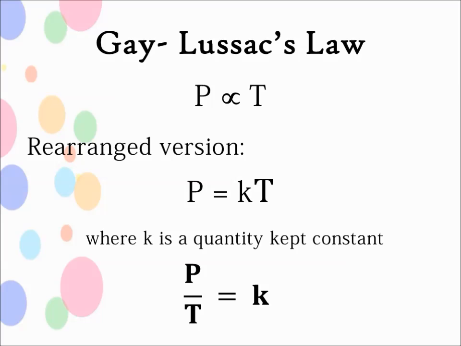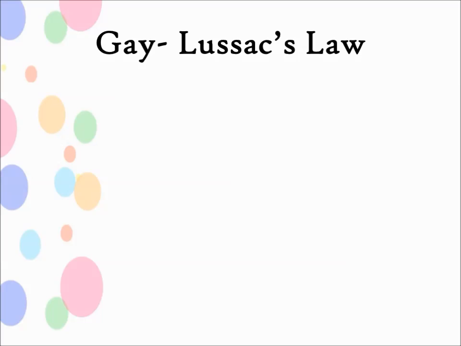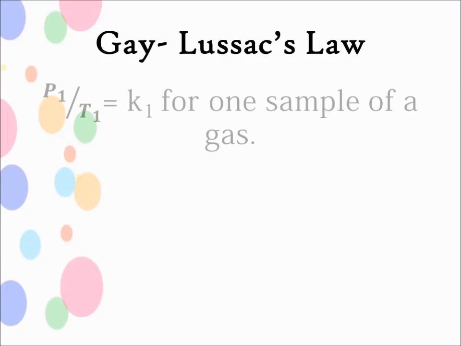And as usual, of course, we have to establish the relationship further. So we have to compare two samples of gases. That is, again, constant volume. Okay, so we can say that K1, or constant 1, is equivalent to pressure 1 divided by temperature 1. That is for one sample of gas.